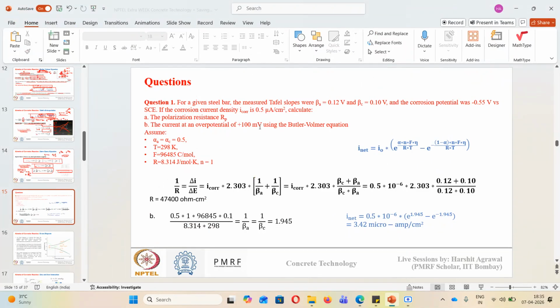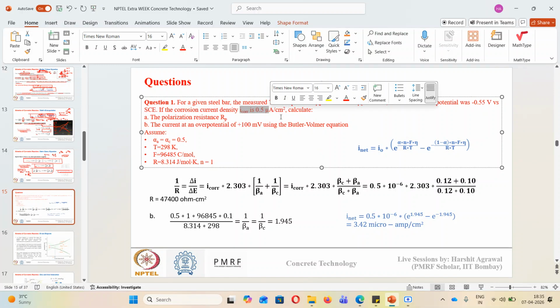So in the first part, we calculated the polarization resistance, knowing the Tafel slope value and the corrosion current density. And in the second part, knowing the overpotential that we have applied, we calculated the current. Okay, so you can see at equilibrium current was 0.5 microampere per centimeter square, which is a very small value.